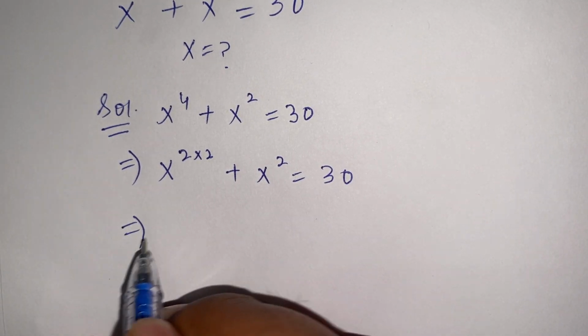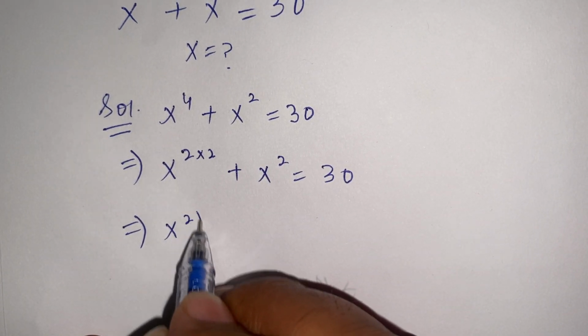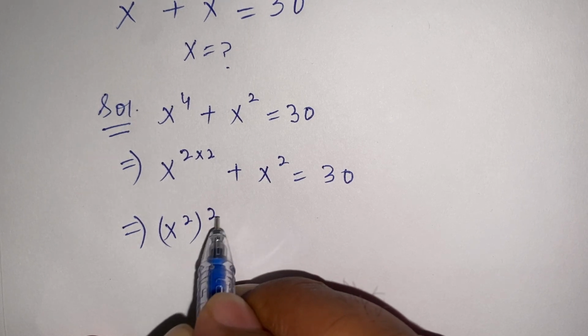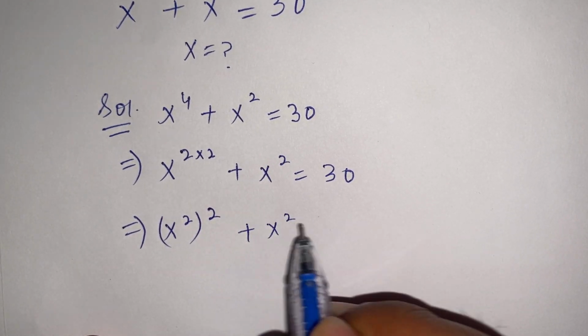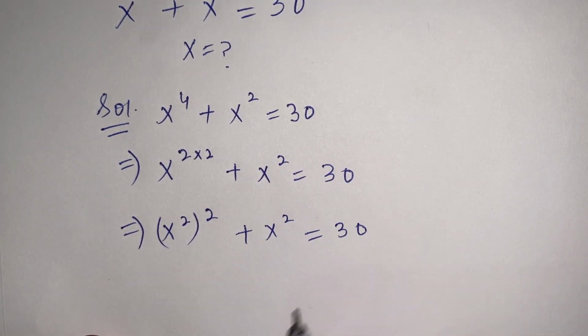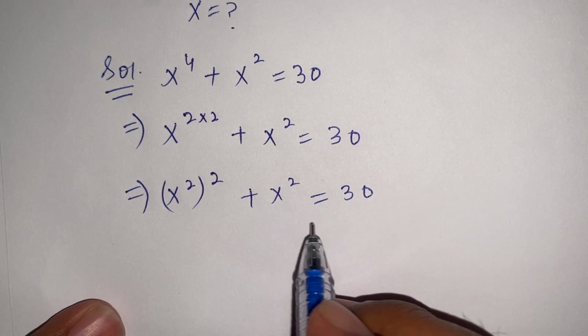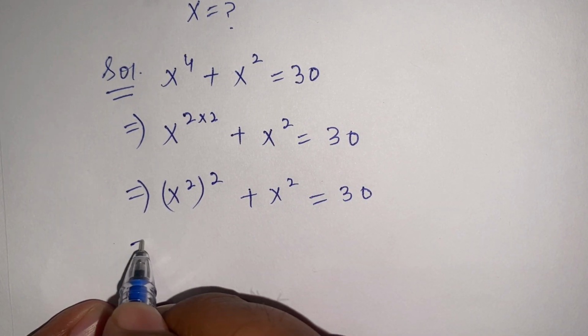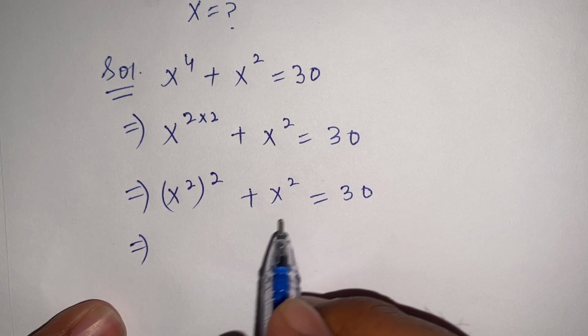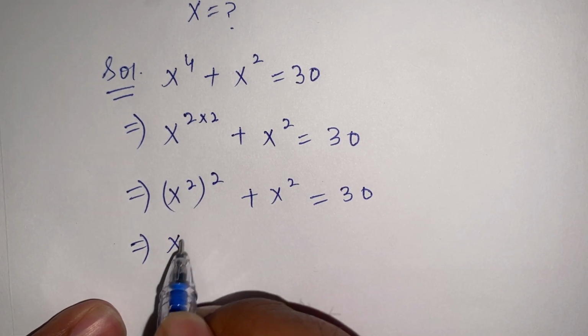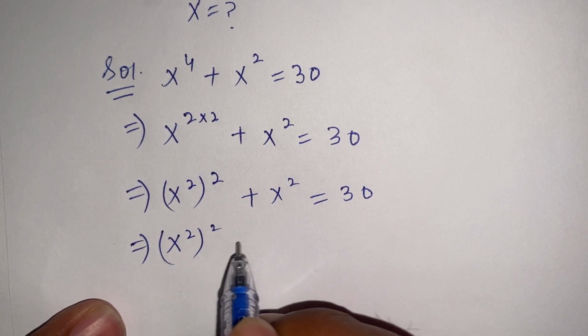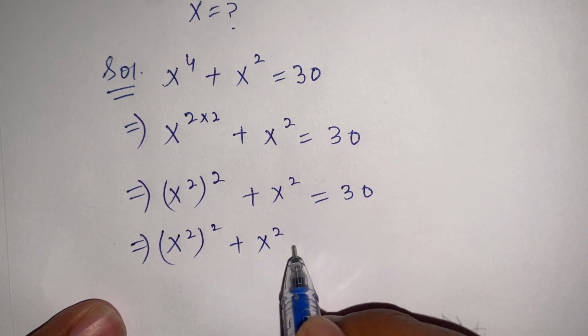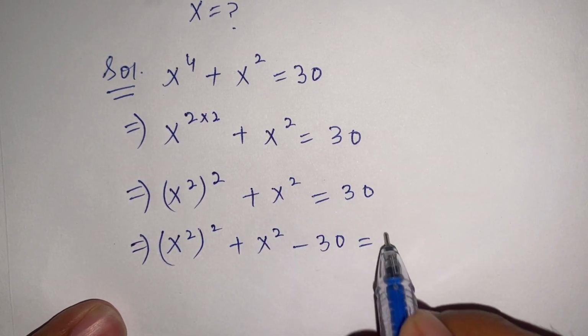Now we can write it as x power 2 and whole power 2 plus x power 2 equal to 30. Now here right hand side is 30. We can shift this right hand side to left hand side. It will become x power 2 whole square plus x power 2 minus 30 equal to 0.